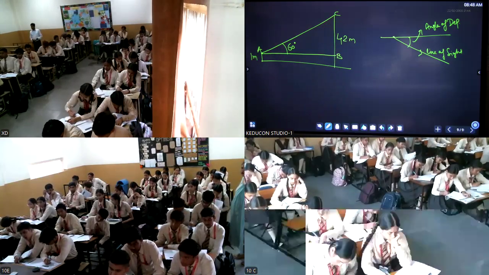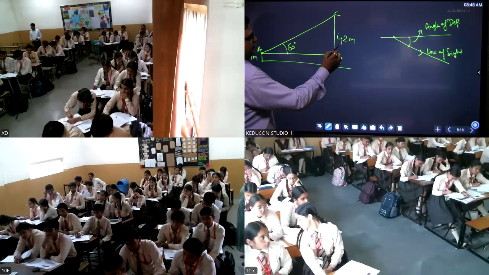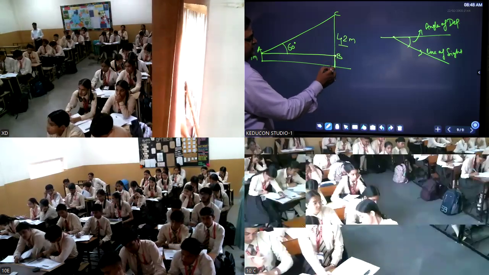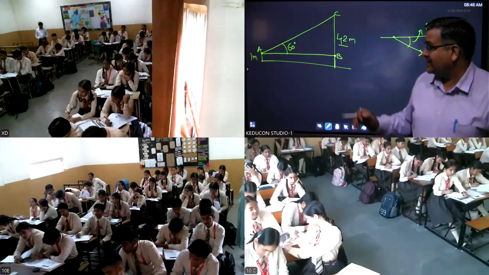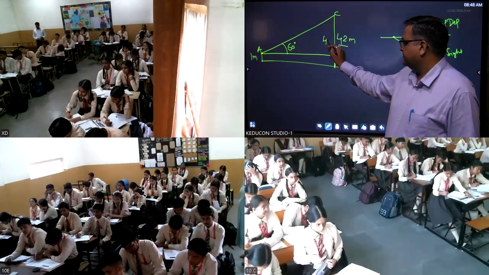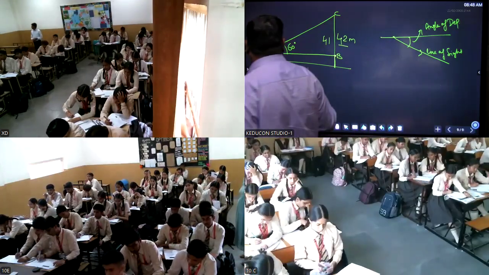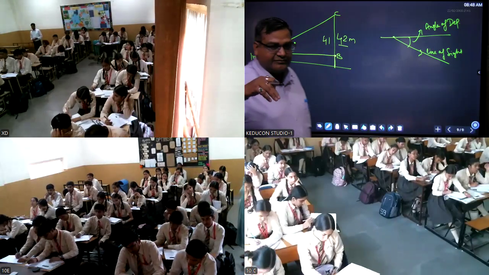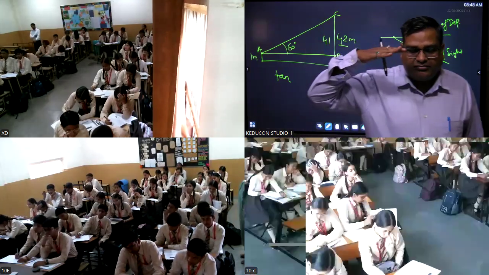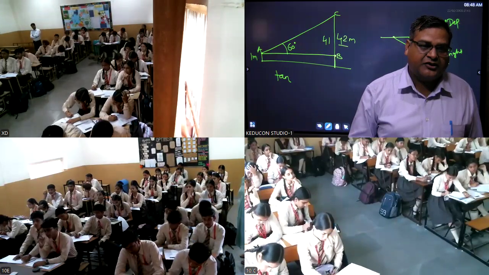Now इंडिया गेट की हाइट 42 के प्लेस पे आप 41 लेंगे, because 1 meter is the height of the Shreya. So take this as 41 and apply the concept of tan 60. So what we have to find is AB. बच्चों समझ में आया? देखिए अगर my height is taken into consideration, 1 meter is the height of Shreya.